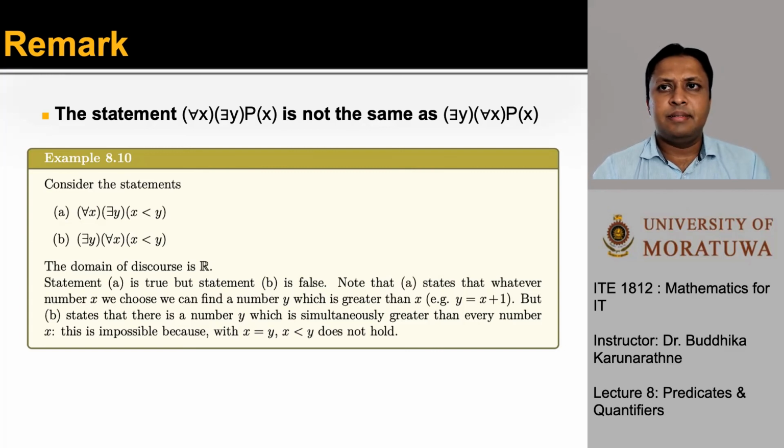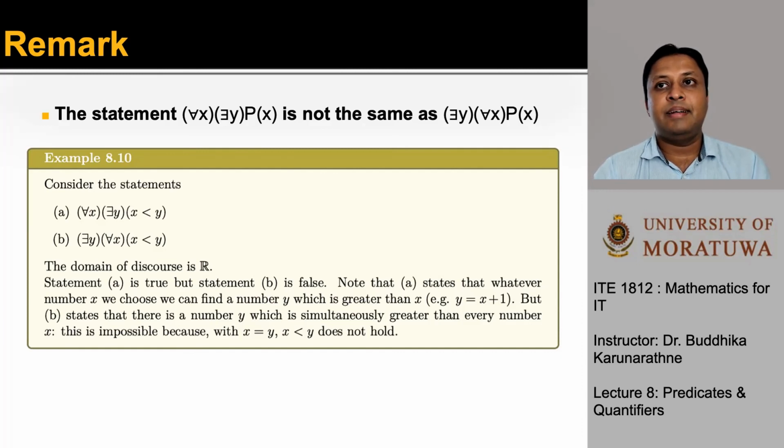But take statement B, which states that there is a number y which is simultaneously greater than every number x. We should understand that this is impossible, because if x is equal to y, the relationship x less than y does not hold.